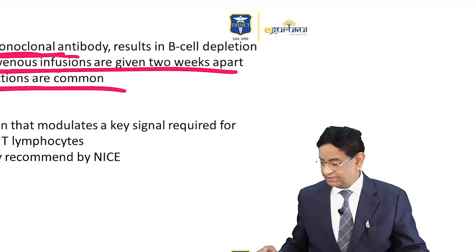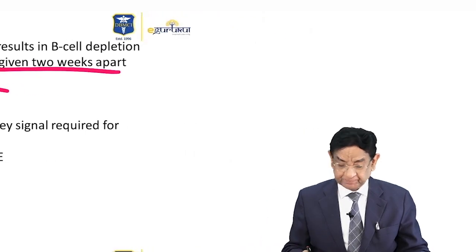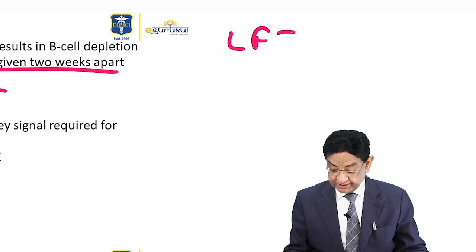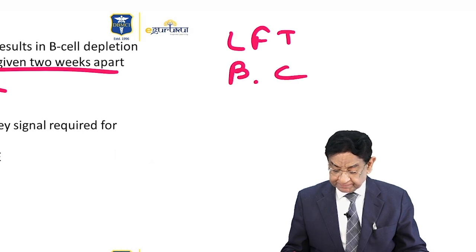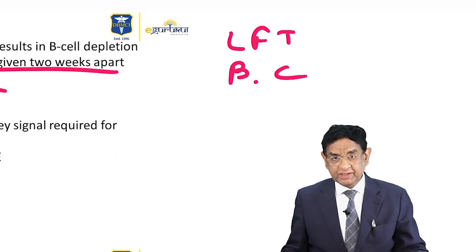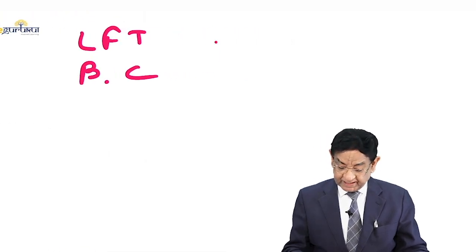Write down the answer. Well, the answer is, if you give rituximab, always do the liver function test and rule out hepatitis B and hepatitis C, because otherwise it can convert this into fulminant liver failure.